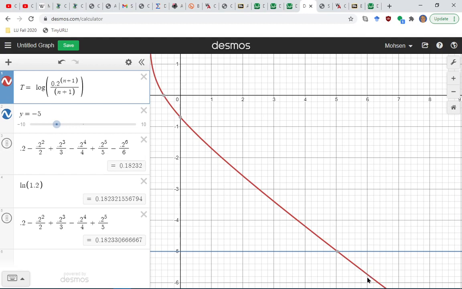So if n is equal to 6, our Maclaurin series is what I have typed here, and when you calculate this, you get 0.18232. If you actually calculate the logarithm of 1.2, you get this one. You notice that the first 5 decimal places are exactly the same.